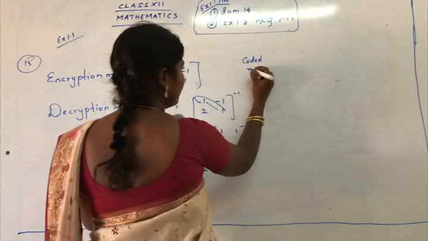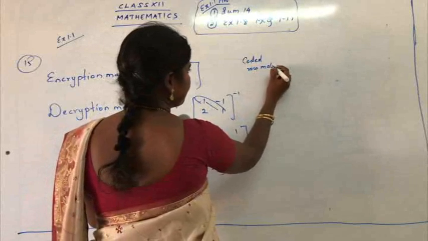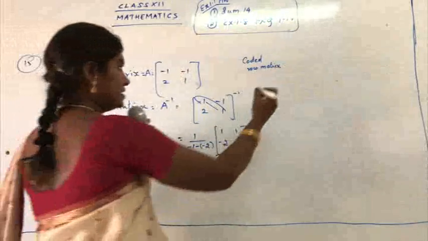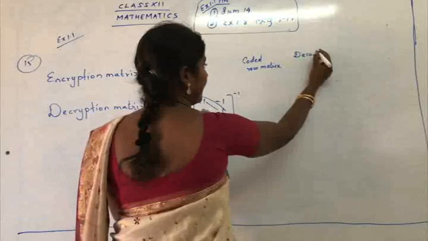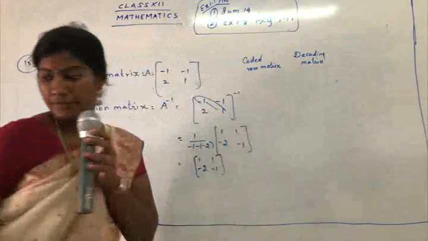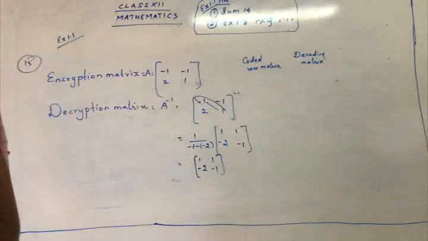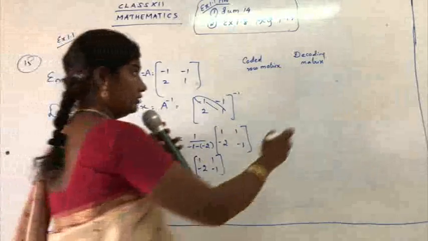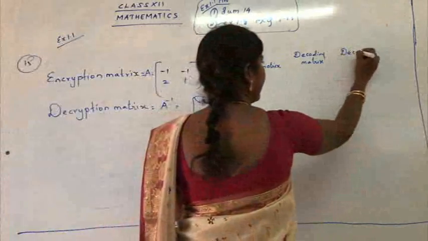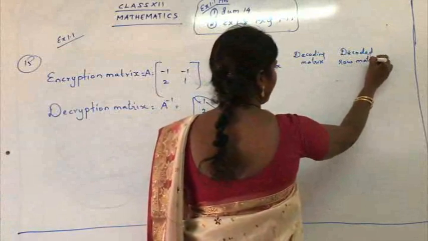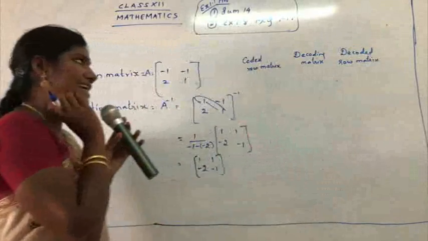So coded row matrix, decoding matrix, and one more, decoded row matrix. Okay, so let's see how to write our answer.